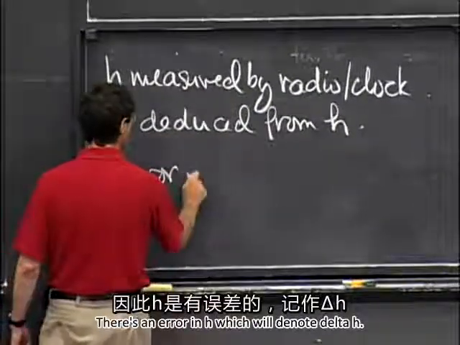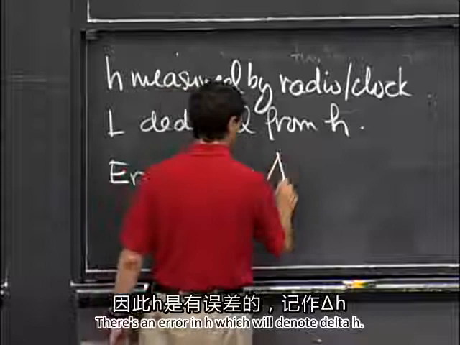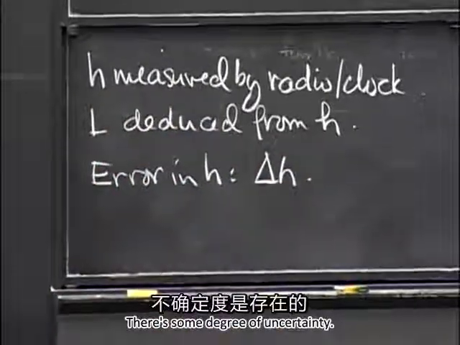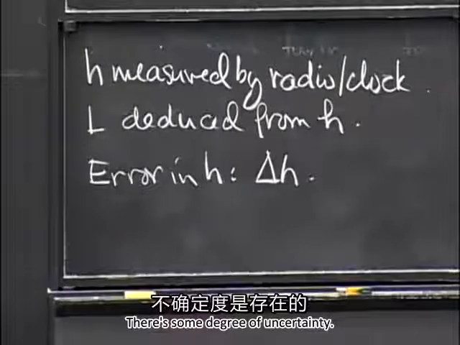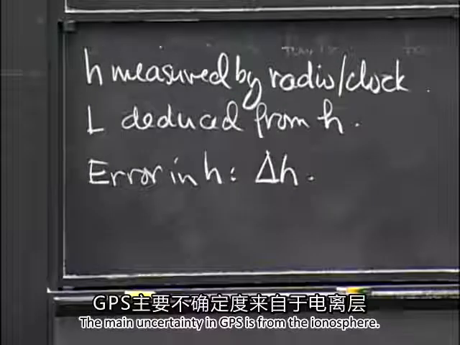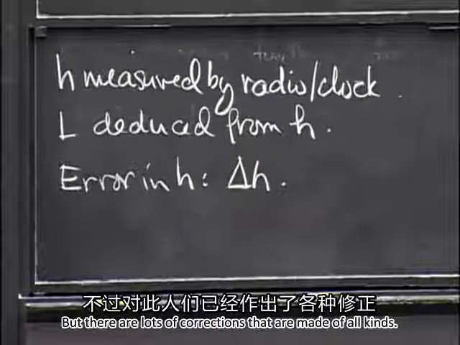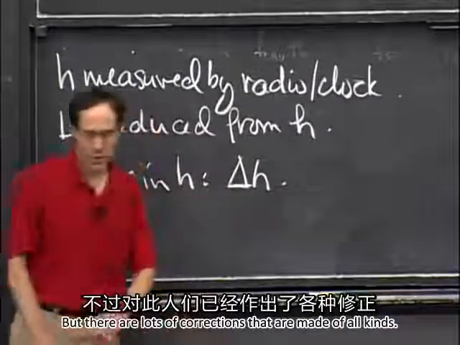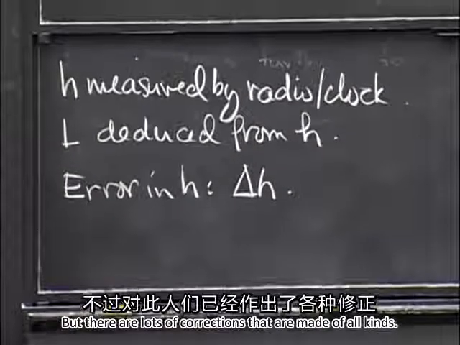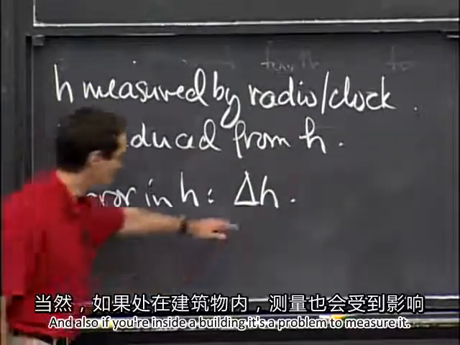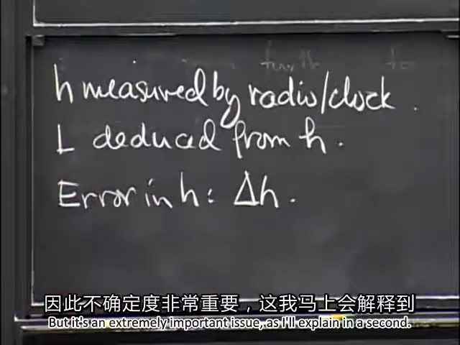There's an error in H, which will denote delta H. There's some degree of uncertainty. The main uncertainty in GPS is from the ionosphere, but there are lots of corrections that are made of all kinds. And also, if you're inside a building, it's a problem to measure it. But it's an extremely important issue, as I'll explain in a second.